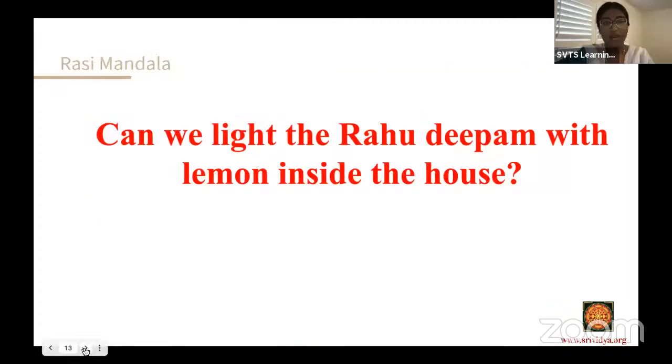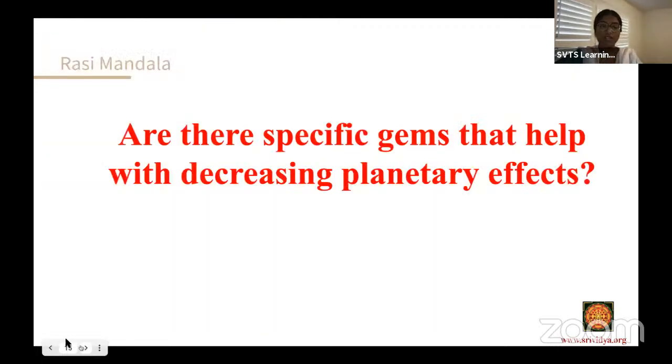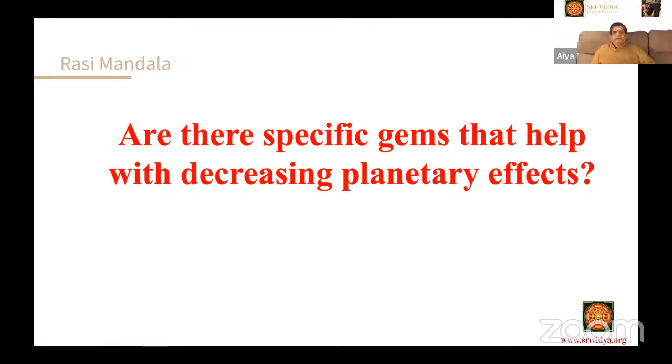Okay. The next question is, are there specific gems that help with decreasing planetary effects? Yes, there are. The 9 gemstones that are associated with the planets. If we can show that slide, please. The 9 gems that are associated with the planets, each of them is for the effect of that particular planet.